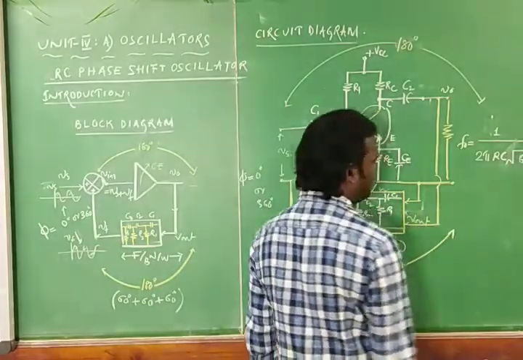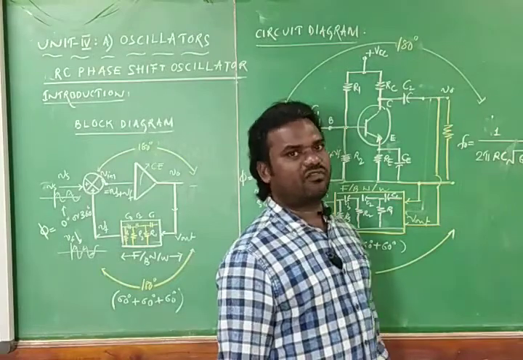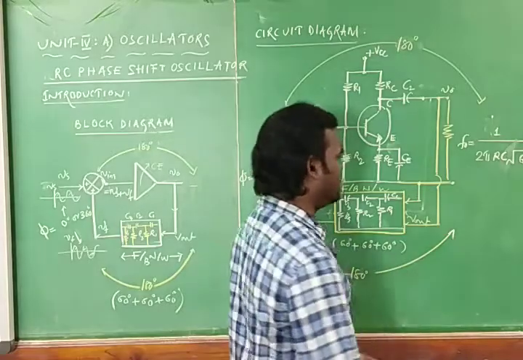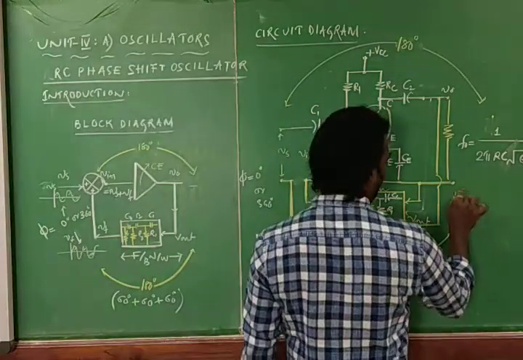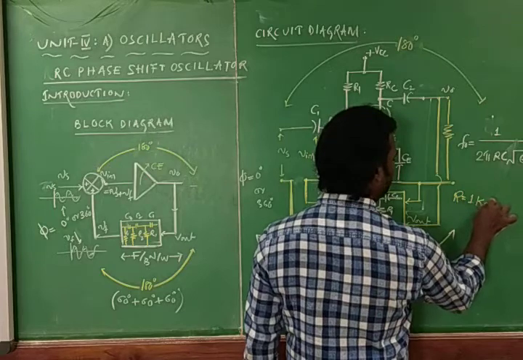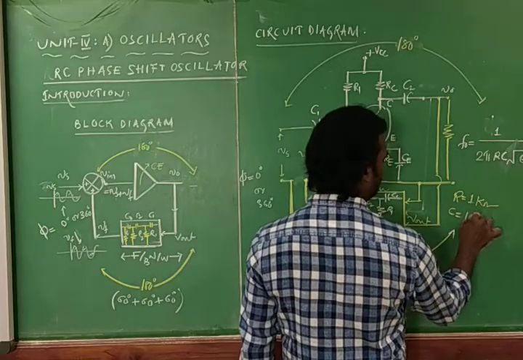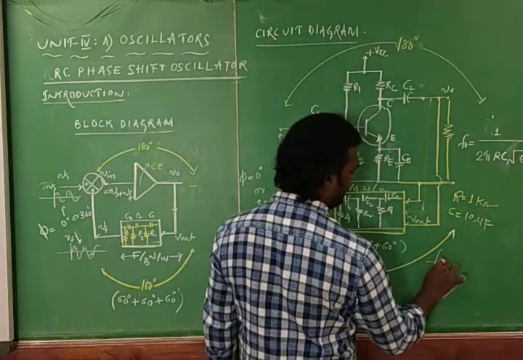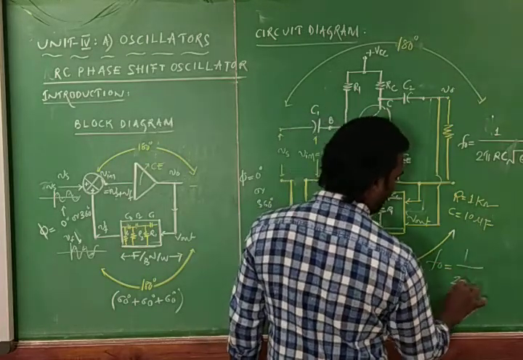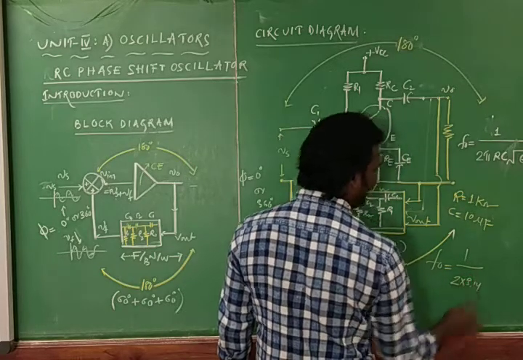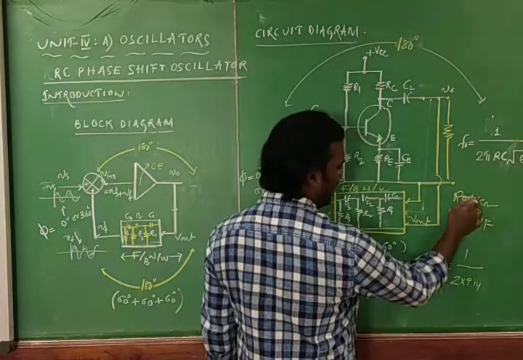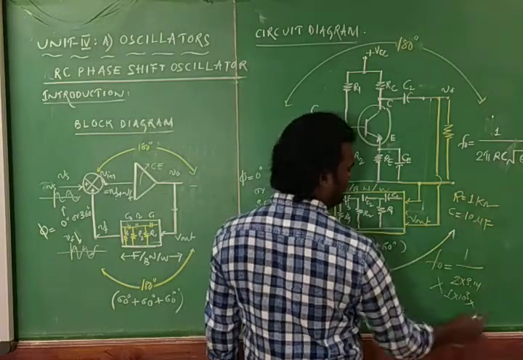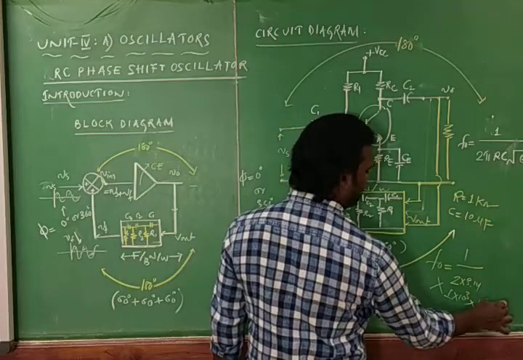By making use of fo, we can know at what frequency this RC phase shift oscillator generates the sustained oscillation. If I choose R equals 1 kilo ohm and C equals 10 microfarads, what will be the frequency of oscillation? fo equals 1 by 2 into 3.14, the value of pi, into 1 into 10 power 3, into 10 into 10 power minus 6, under root 6.